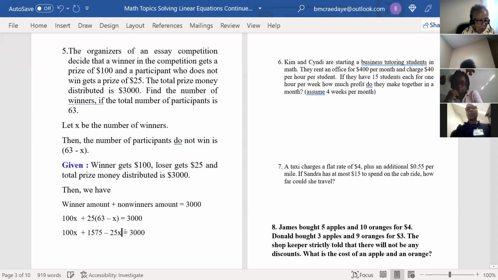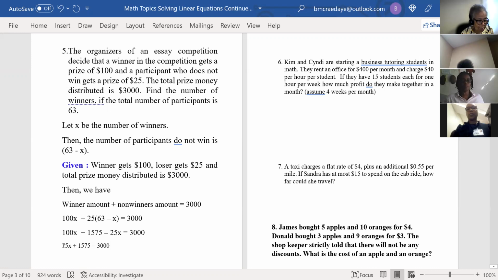Now what do we have to do, Maureen? Combine the like terms. On the left side, you see 100X minus 25X. What does that give you? 75X. That's it. Very good. 75X, and we have plus 1575 equal 3,000.